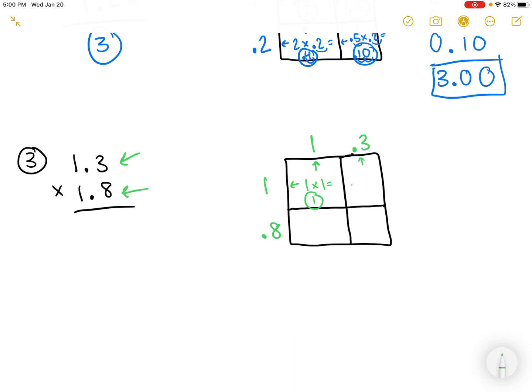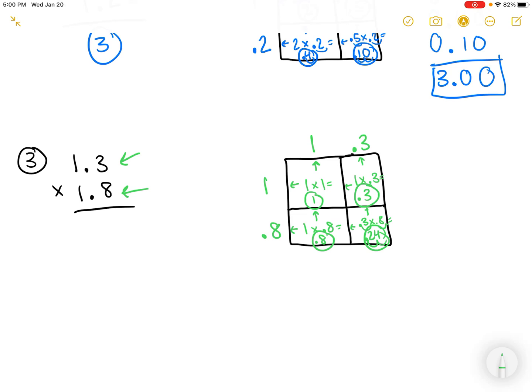Then for the next box, we have 1 times 0.3 or 1 times 3/10, which will give us 3/10. Then we have 1 times 8/10, which will give us 8/10. And then finally we have 3/10 times 8/10. So 8 times 3 is 24. I have to move my decimal in 2 times, so it's 24/100.